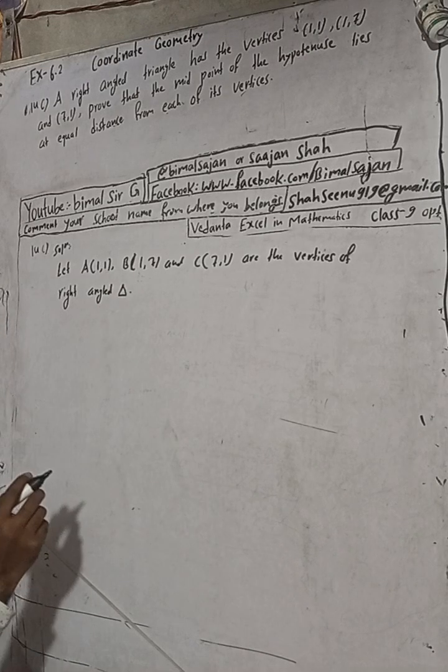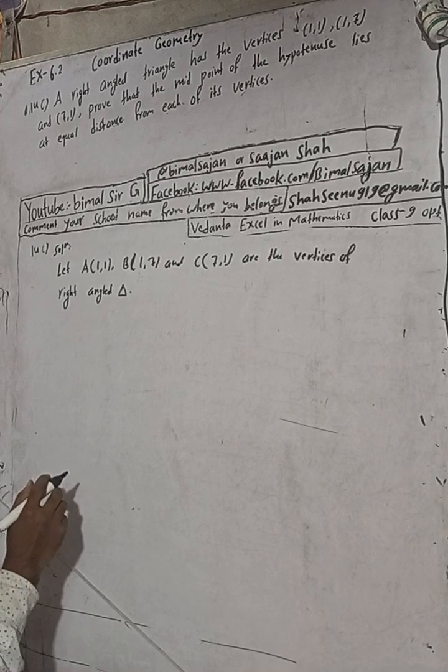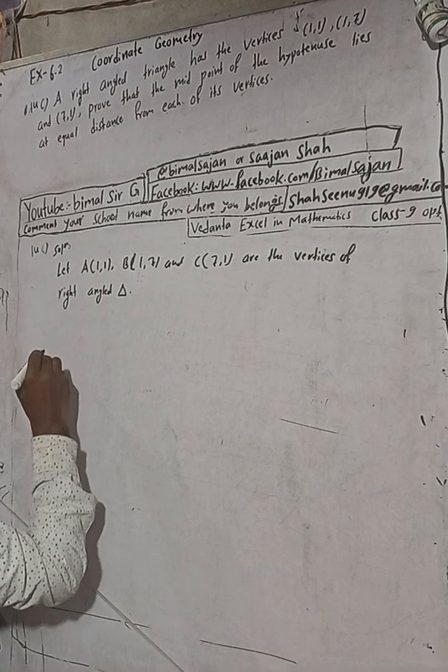Okay. Now find the distance of AB. So AB.